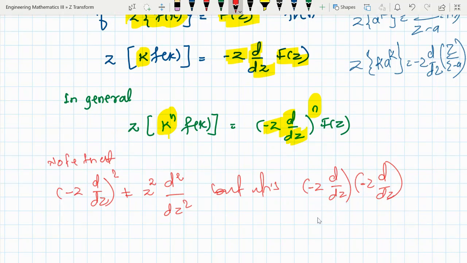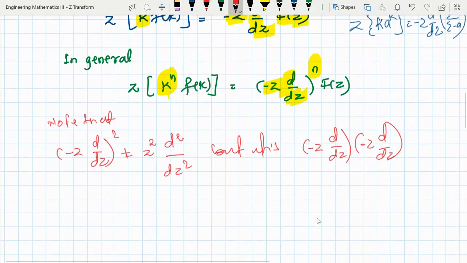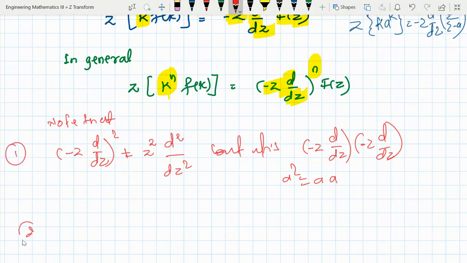It is minus z d by dz applied again and again, just like a square is nothing but a into a. This is the first thing that I want to note.